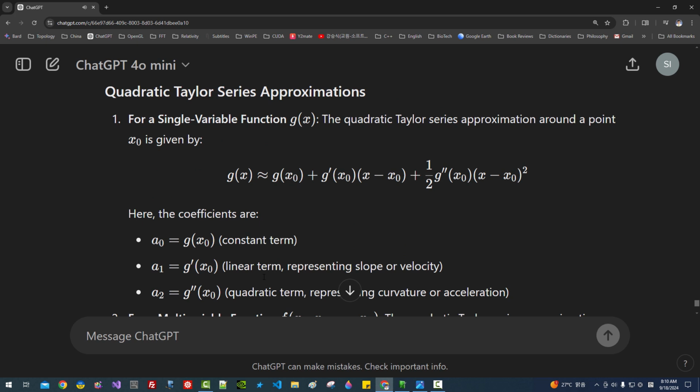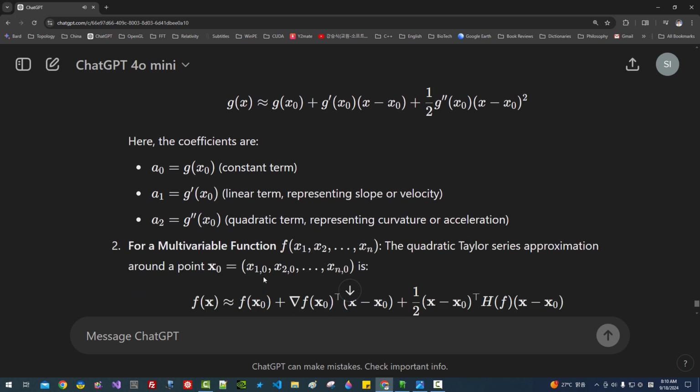For a single variable function g(x), the quadratic Taylor series approximation around a point x0 is given by g(x) ≈ g(x0) + g'(x0)(x − x0) + 1/2 g''(x0)(x − x0)^2. Here the coefficients are: a0 equals g(x0), the constant term; a1 equals g'(x0), the linear term, representing slope or velocity; a2 equals g''(x0), the quadratic term, representing curvature or acceleration.